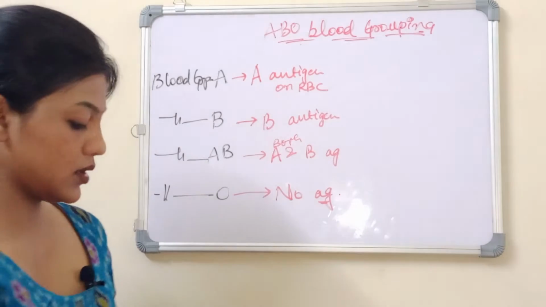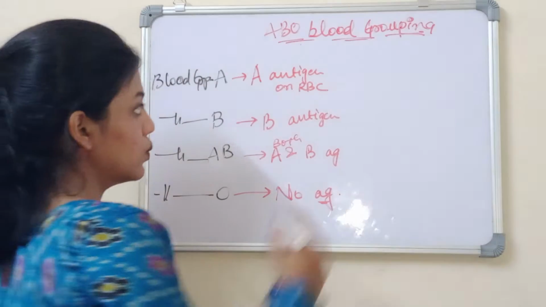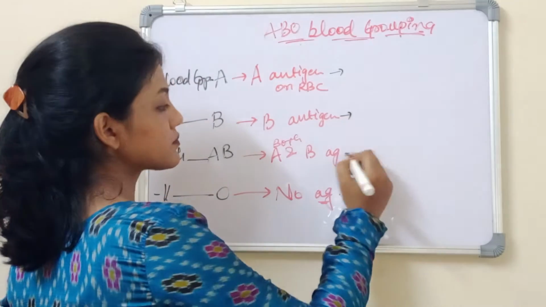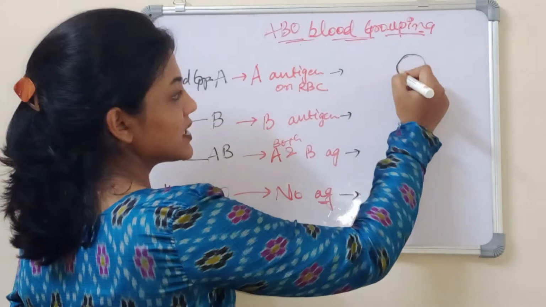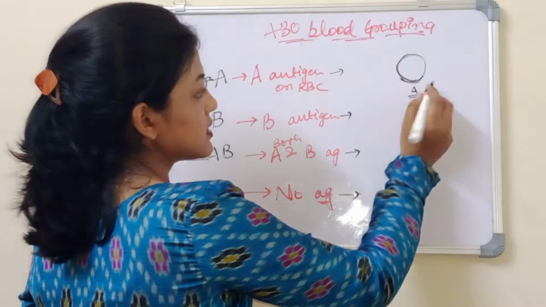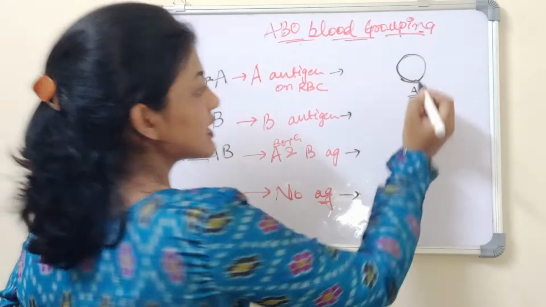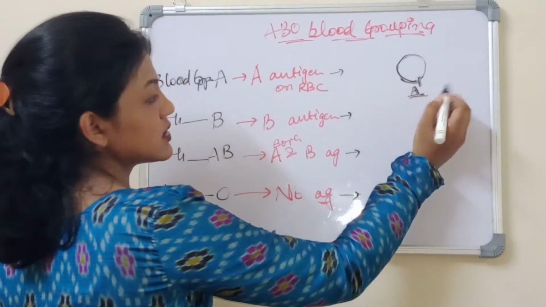Now blood group A people will have what kind of antibody? Suppose this is the RBC of a person having blood group A. So it has A antigen on its surface, right? This is the A antigen.